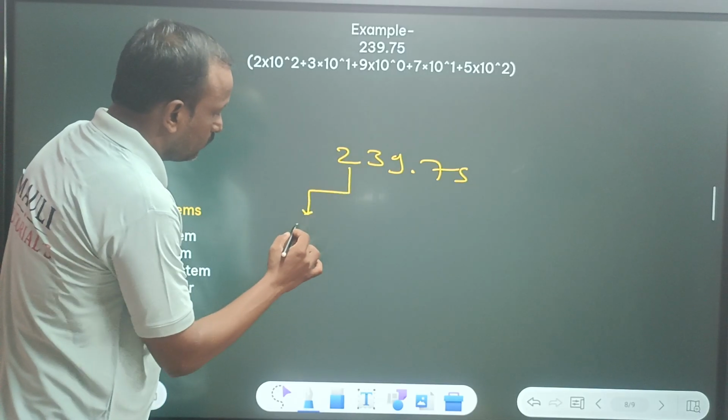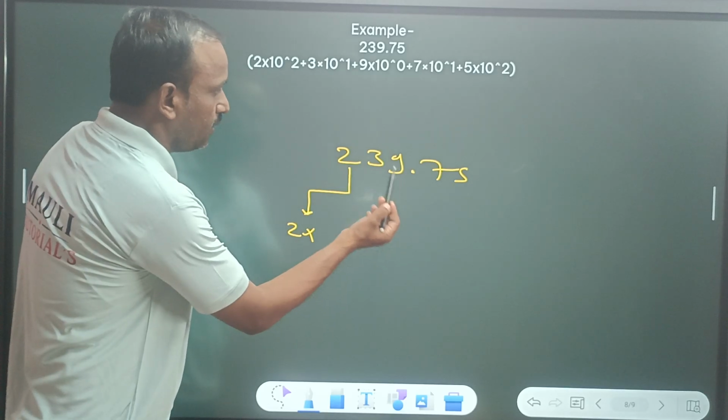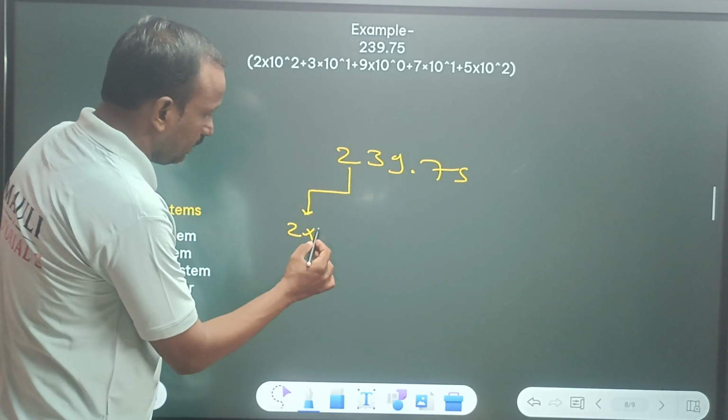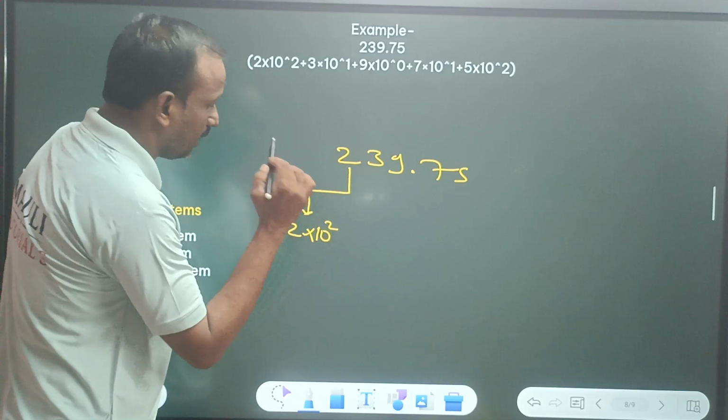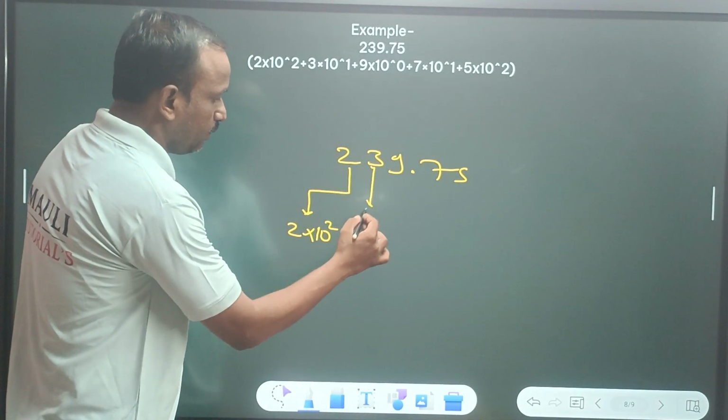Suppose this 2 is at the 100s place: 1, 10 and 100. Then it can be represented like this: 2 into 10 raised to power 2. This is the 10s place.